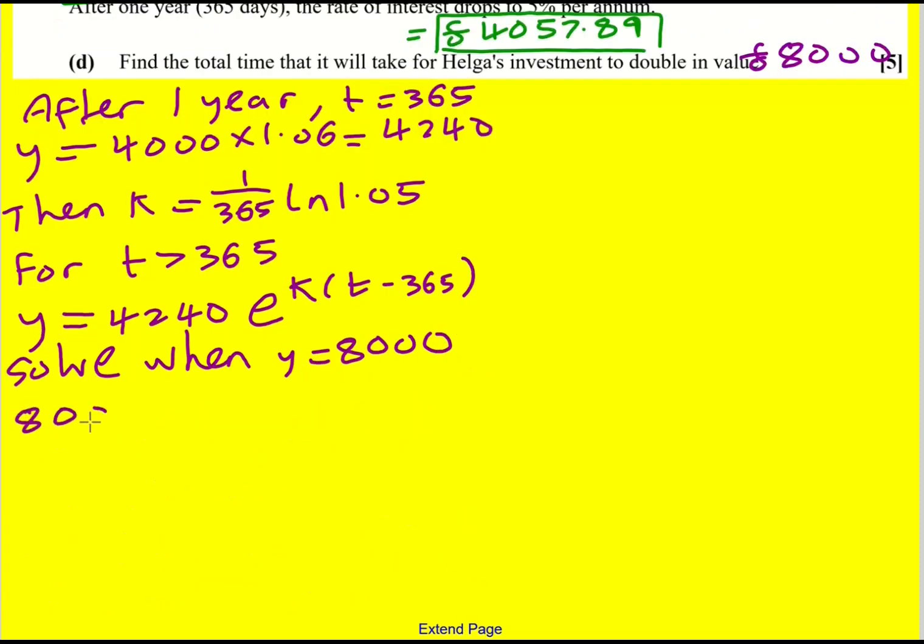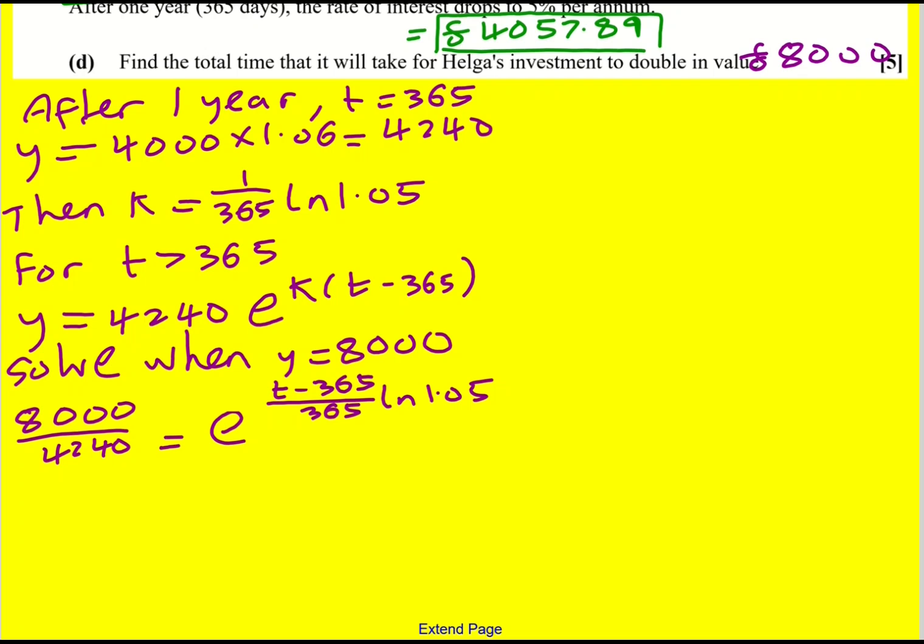So that means 8,000 divided by 4240 is going to equal e to the k. I'm going to sub it in. So it's going to be e to the (t minus 365) over 365 ln 1.05.